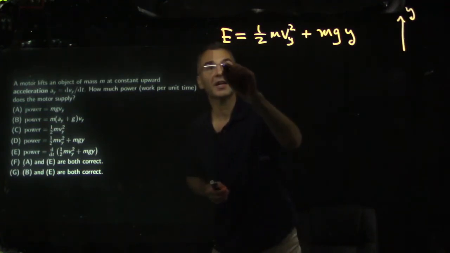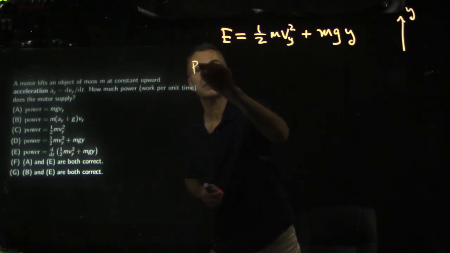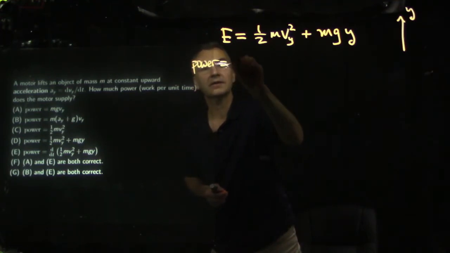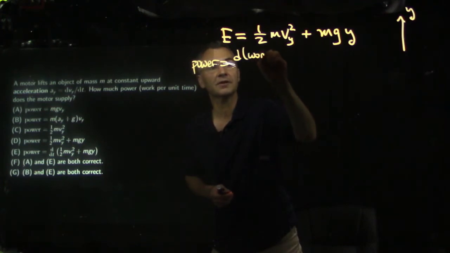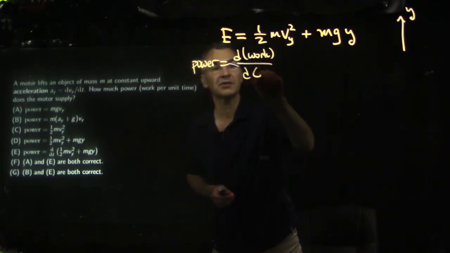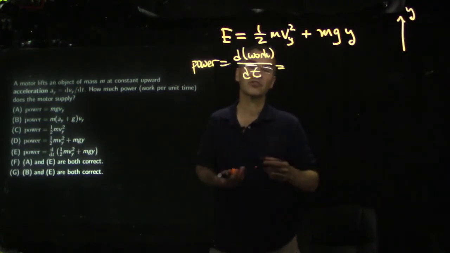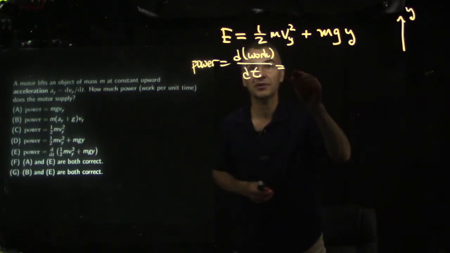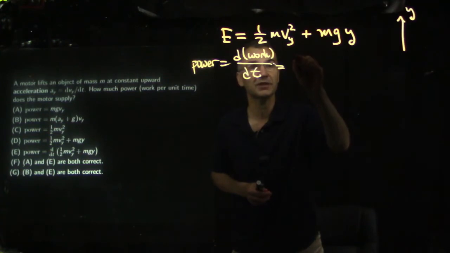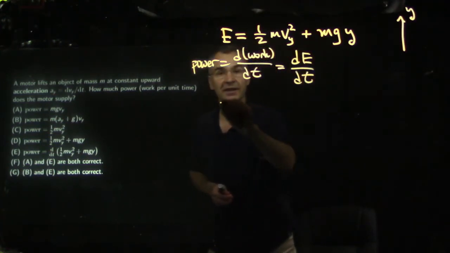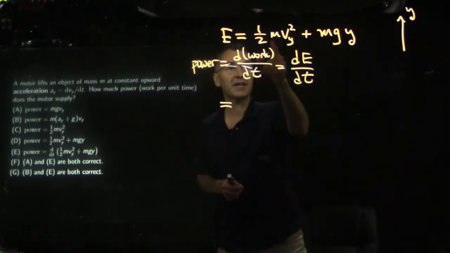So then we can say that power is the work on the system by dt, so the rate at which we do work on the system equals the rate at which the system's energy changes, assuming that the work we're doing is the only cause for changing the energy of the system. The mass is constant, but the speed is not constant.